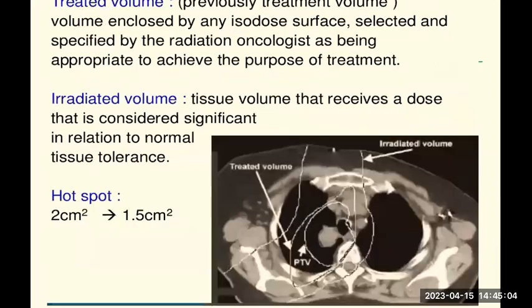Next is the treatment volume, and then the treated volume: the volume enclosed by a dose level, a dose surface, which is specified by the oncologist. When you see this diagram, you can find a marking which looks like it has been drawn freehand.